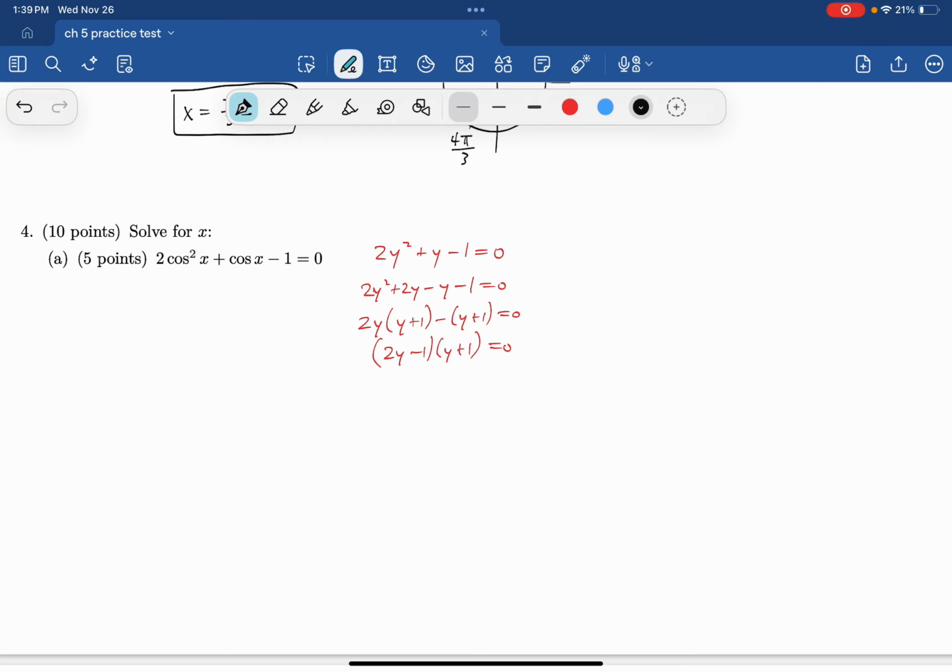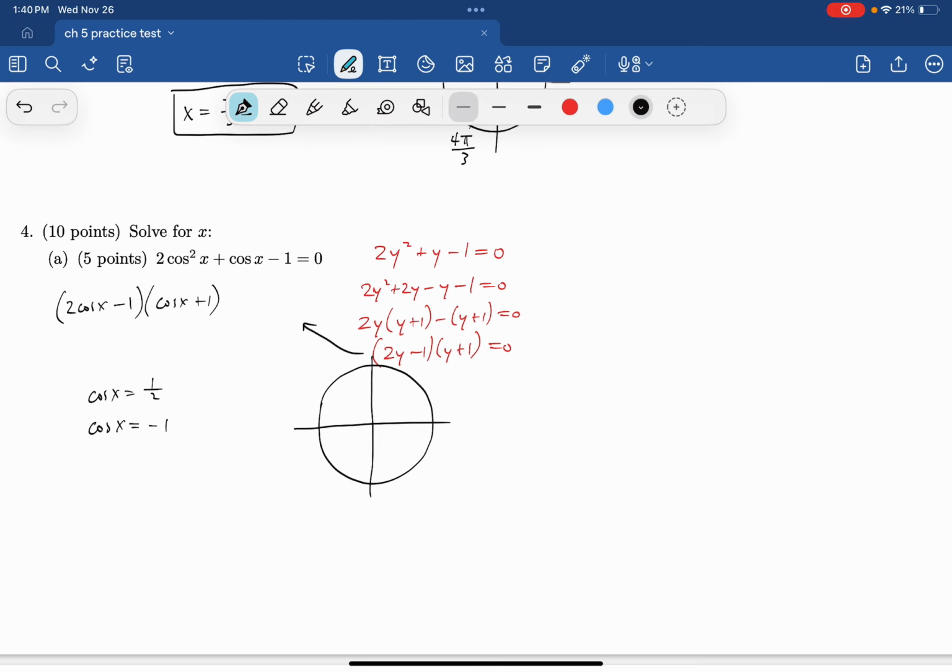Which factors as, okay. So that means we can plug back in y equals cosine x. Now we have 2 cosine x minus 1 and cosine x plus 1. All right, so splitting that up into two cases, either we have cosine x equals 1/2, or we have cosine x equals -1. And so on the unit circle, that corresponds to this point and this point, right?